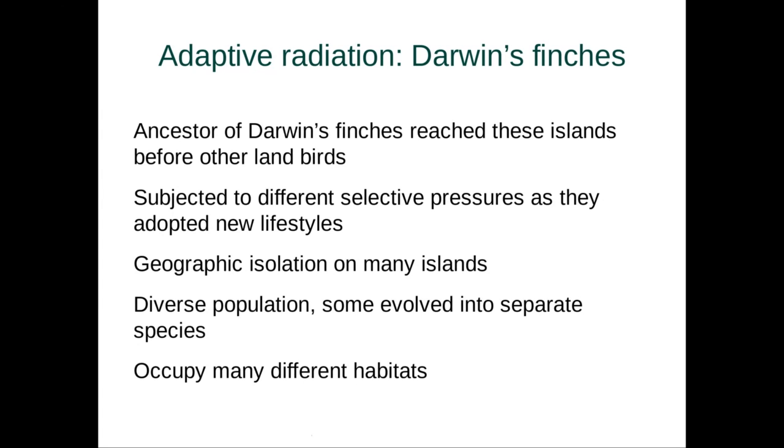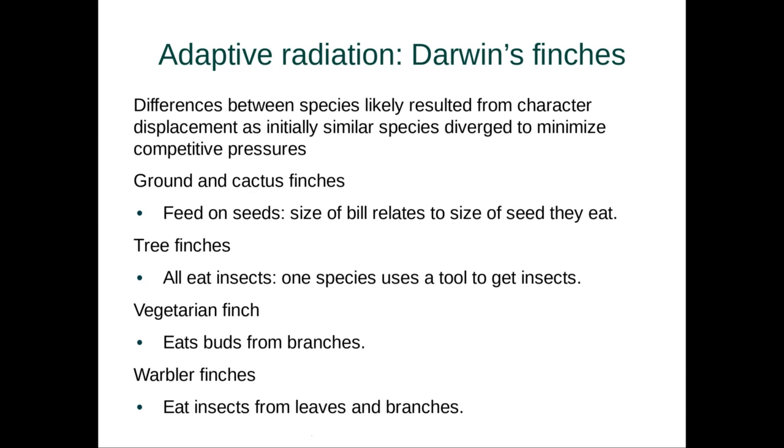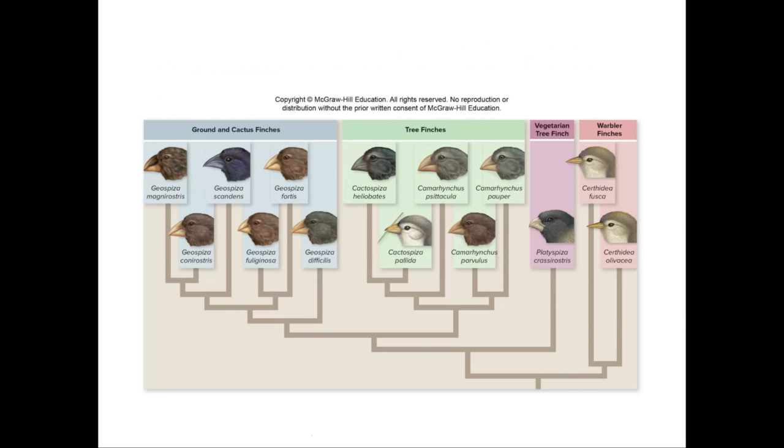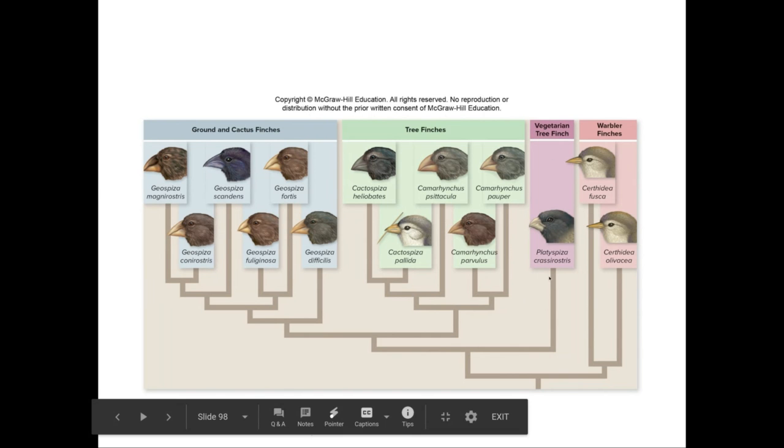Now remember, when we think about how Darwin's finches adaptively radiated on the islands, they adapted to different food, whether it was cacti, whether it was seeds on the ground, whether it was living in trees, whether it was buds on branches. It didn't matter. They evolved and they adapted to eating different food sources, which in turn led to their adaptive radiation into the 13 distinct species we know on the Galapagos Islands. And you can actually physically see this, right? So we know we have all these distinct species of finches on the Galapagos Islands.